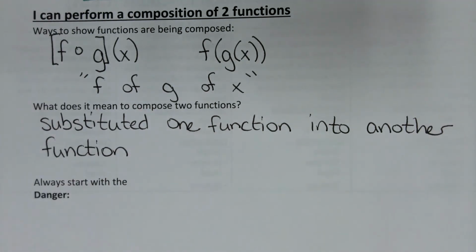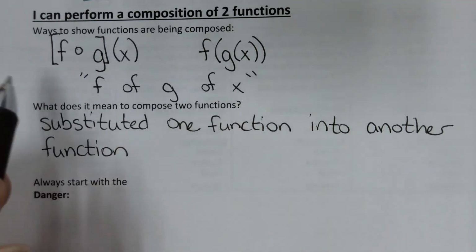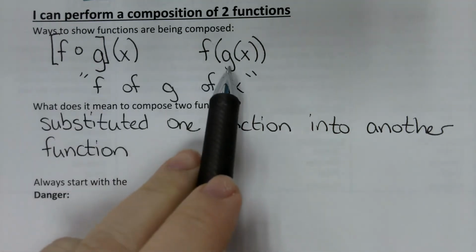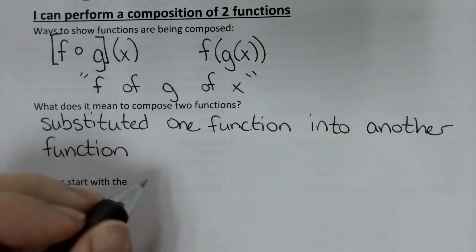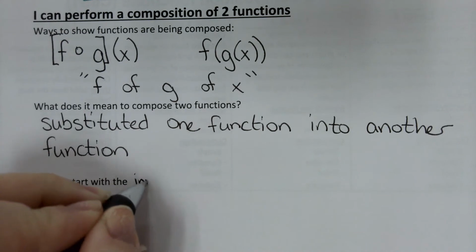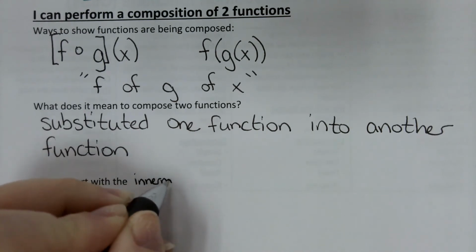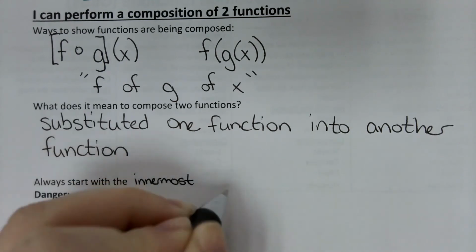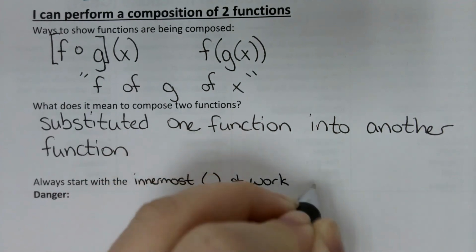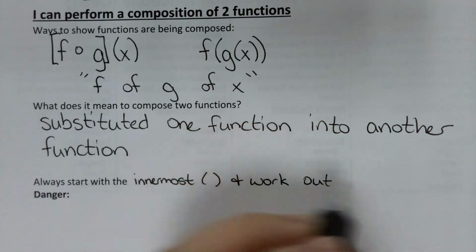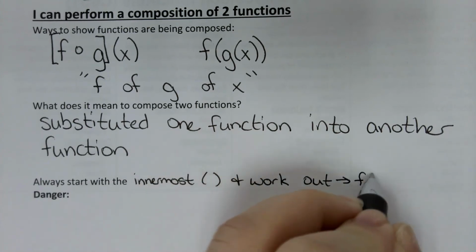Now, there are two ways of thought here, and they both come off of our different notations. For this notation, you will always start with the innermost parentheses and work your way outwards. And again, that's when it's written with the parentheses.